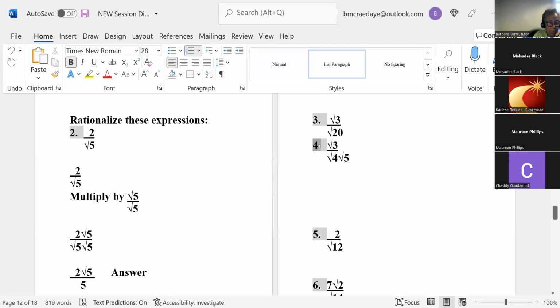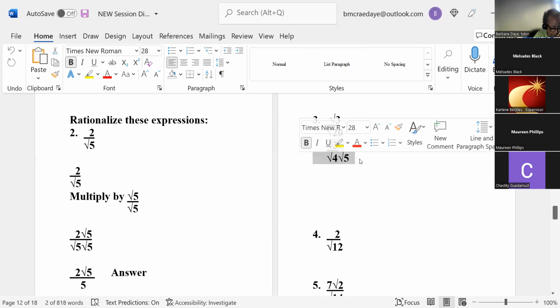You take out the 3. Okay, so you'd have to say 3 over factor of 4 and 5. So what's the square root of 4, Mercedes? Square root of 4 is 2. That's right, very good.